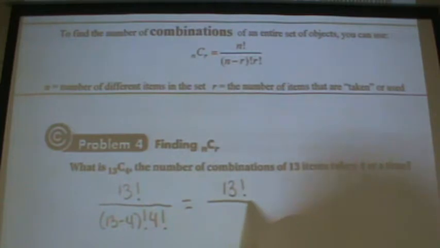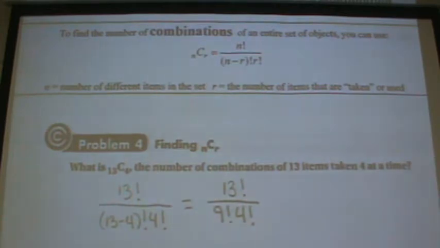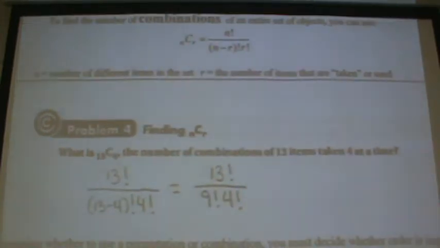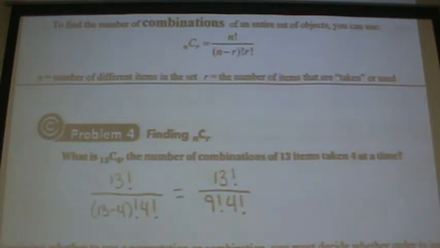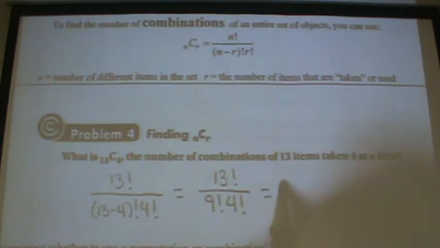That is 13 factorial over 9 factorial, 4 factorial. And again, you can punch this into your calculator just like it is, and you'll get that there are 715 different ways.